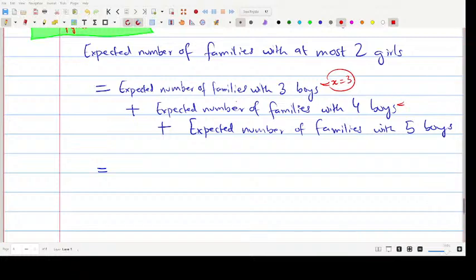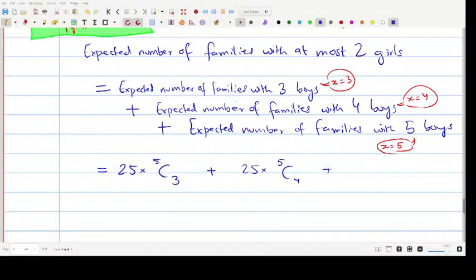In the second case, x equals 4. In the third case, the value of x is equal to 5. So basically, we have 25 multiplied by 5c3 plus 25 multiplied by 5c4 plus 25 multiplied by 5c5.